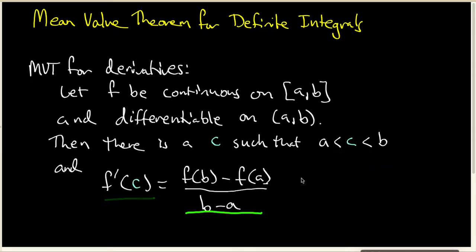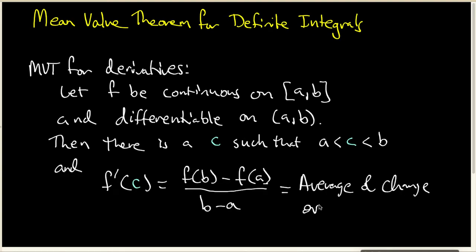This is just the average rate of change of the function over the interval from a to b, and f prime of c is the instantaneous rate of change measured at x equals the magic c value.